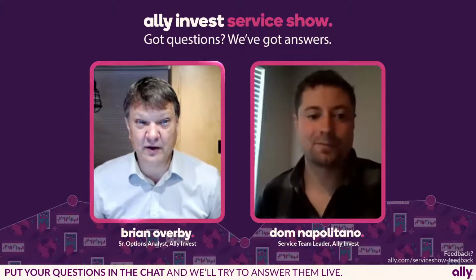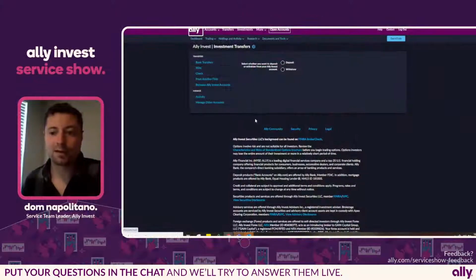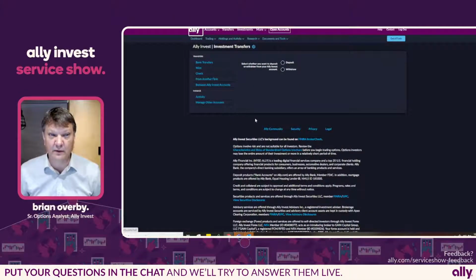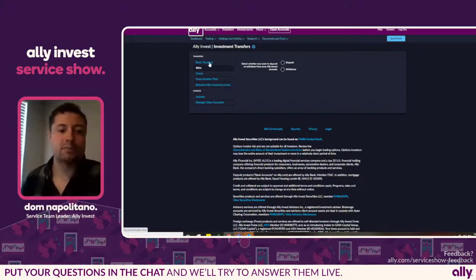If you're sharing your screen, let's just talk about the left hand rail and the definitions inside those transfers. Yeah. So the first one here on the left, you're going to see bank transfers. That one is also commonly referred to as ACH, or automated clearinghouse.